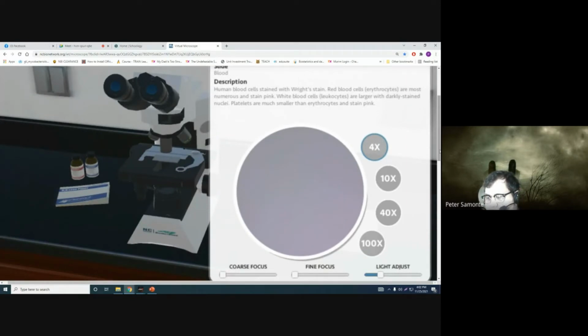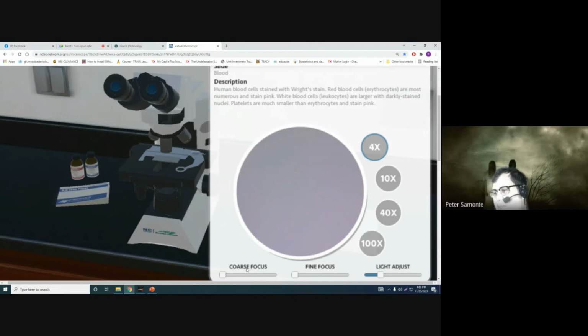Scanner, LPO, HPO, and OIO. Your eyepiece, does it have a magnification, class? What's the magnification of your eyepiece? 10 times. Very good. You have two knobs, the coarse adjustment knob and the fine adjustment knob.